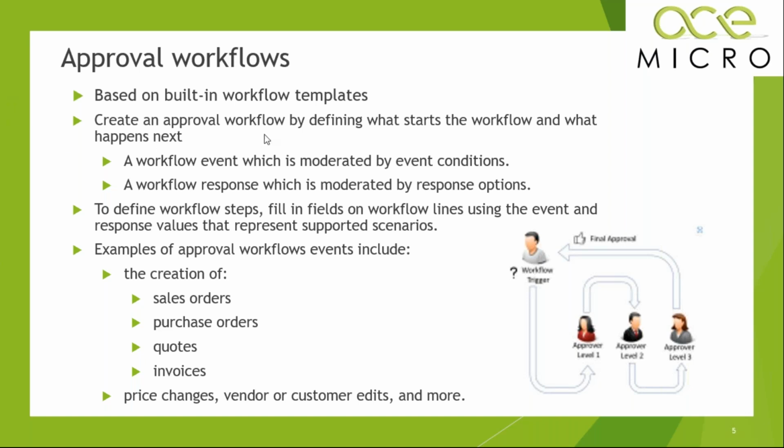So we're able to create these workflows based on what causes it to start, and then what happens next. And we're able to define these workflow steps by going into these templates that are available to us within Business Central to define those actions and those people that are involved in those scenarios.